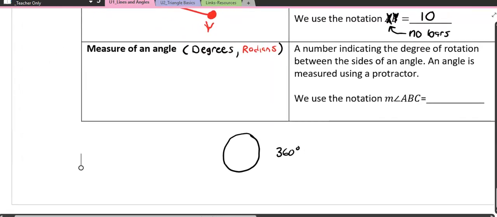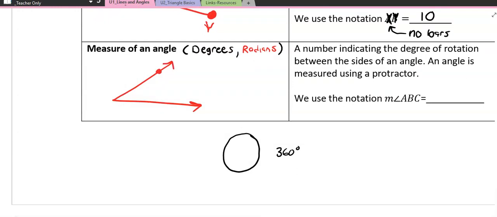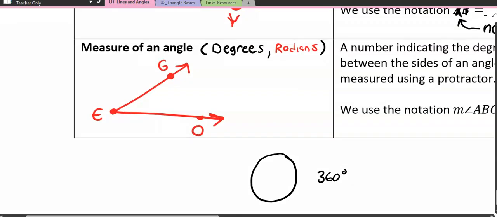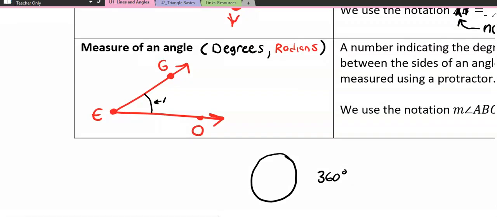Because of that, let's take a look at an angle. If I label this angle, and once again, let's just use GEO, G, E, and O. What we do is measure how much of that circle goes from one ray to the other. You see this thing right here is an arc. And that arc is a visual representation of how much of this circle we're going through.